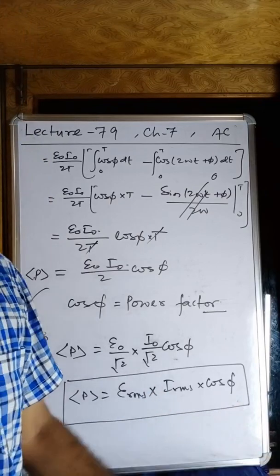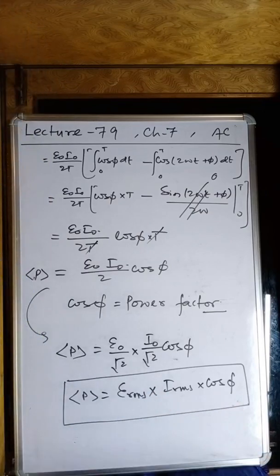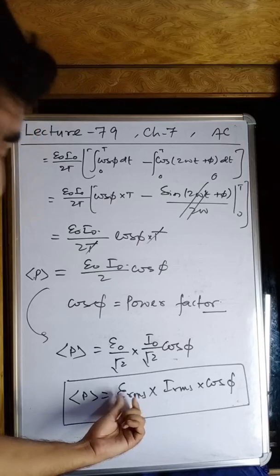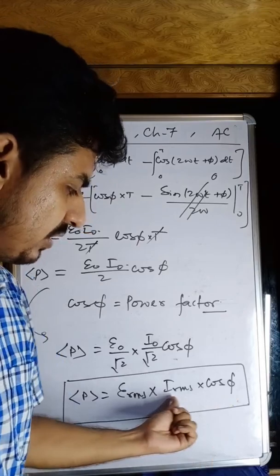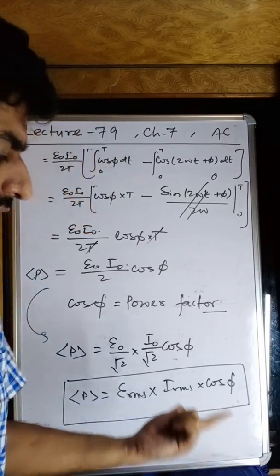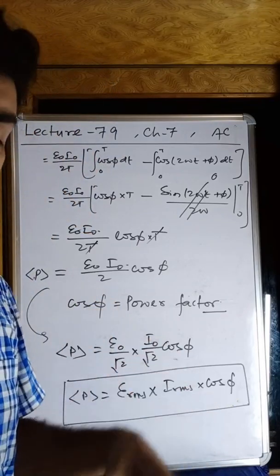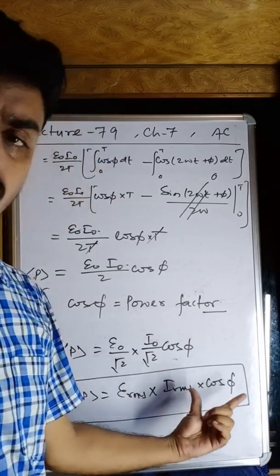Okay, my dear students, whenever you want to find the wattless current, remember this is the voltage, but this factor actually defines the wattless current. This current becomes wattless. That's why the amount of wattless current is termed as this one only.